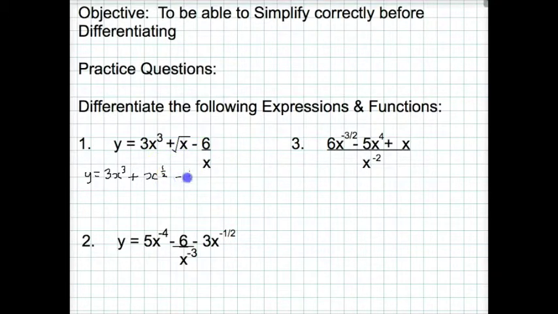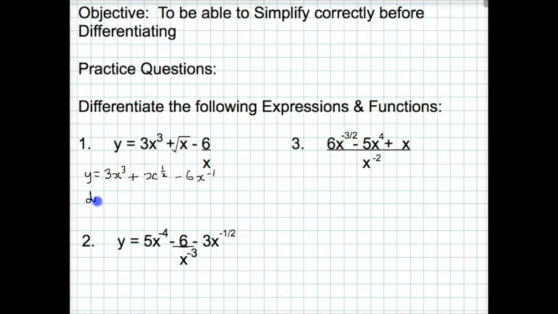So that becomes negative 6x to the minus 1, because the x on the bottom is to the power of 1. When we take a letter up to the top, the power changes from negative to positive or positive to negative, so we get x to the negative 1.